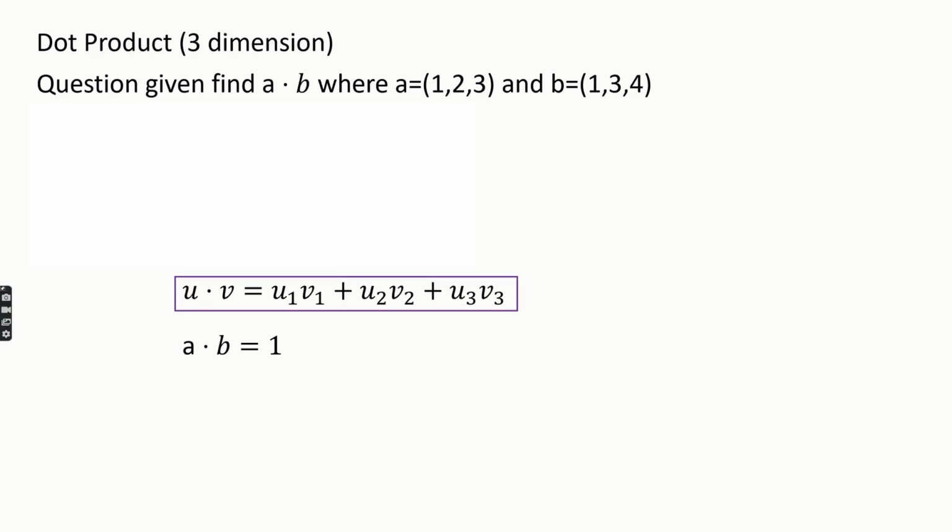Then we fill the numbers into the formula, which is 1 from a multiplied by 1 from b, add 2 from a multiplied by 3 from b, plus 3 from a multiplied by 4 from b. Then we will get a dot b equal to 19.